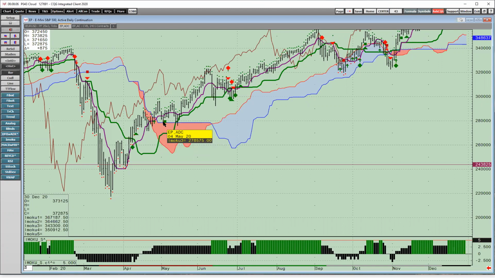And then we could see here that the cloud turned up, and that was 1 bar after we tested that. And that was giving you another indicator that this was now starting to move up, because the distance between the purple and the green and the high-low midpoint going back 26 bars crossed.